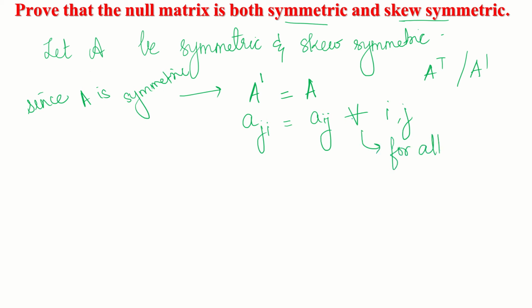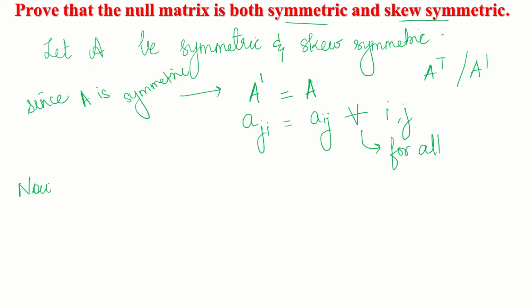So A transpose can be written as AJI, and that would be equal to A, which can be written as AIJ for all I and J. This was the case for symmetric.